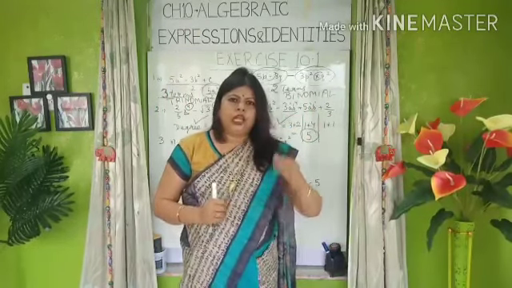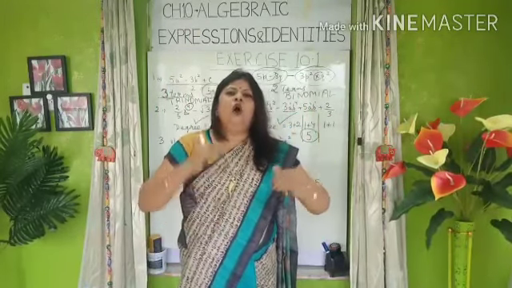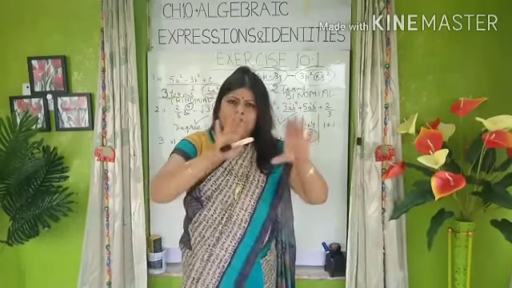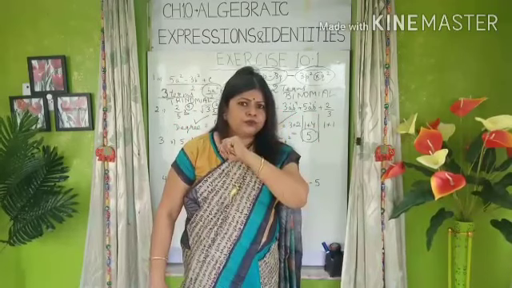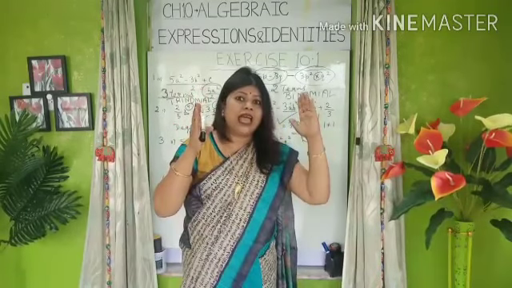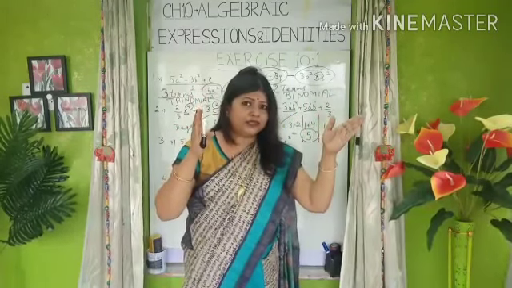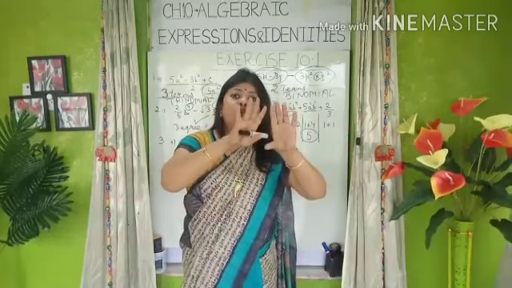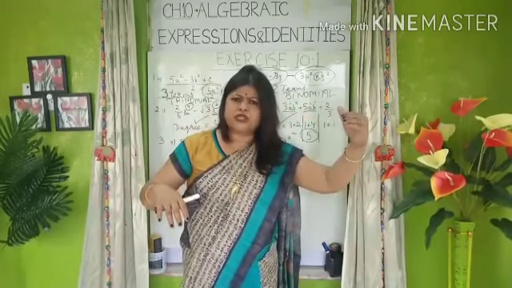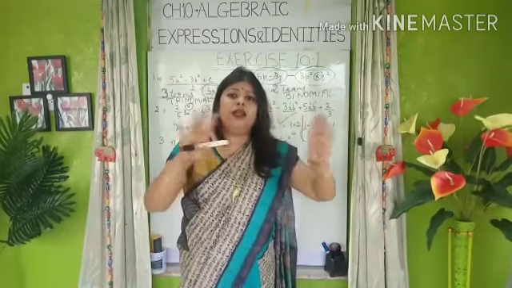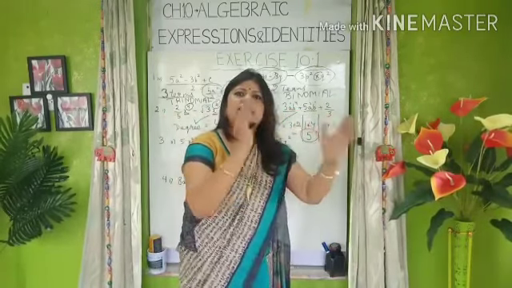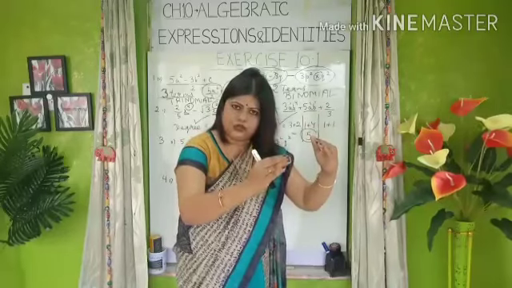Now, before adding or subtracting algebraic expressions, what is the first thing to do? Like terms and unlike terms. That means you have to arrange. The moment you see add, arrange. The moment you see subtraction, arrange. Arrange the like terms together and then solve.